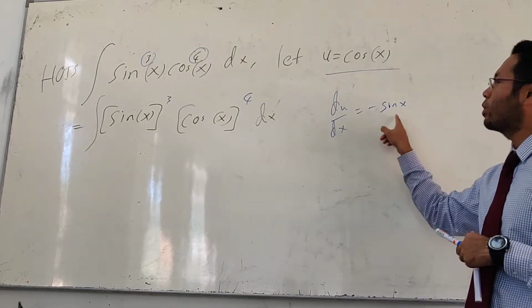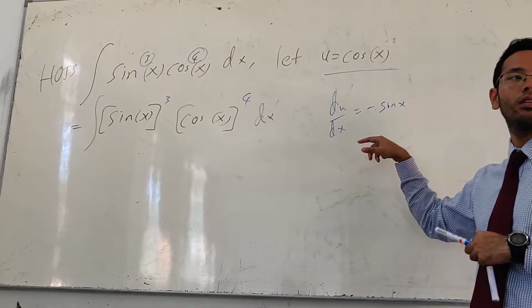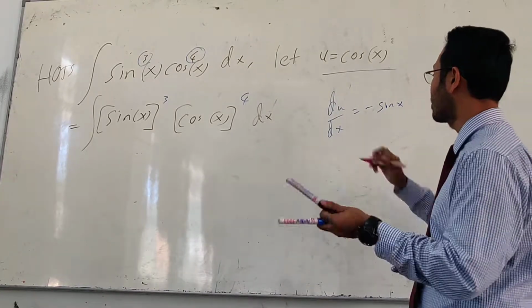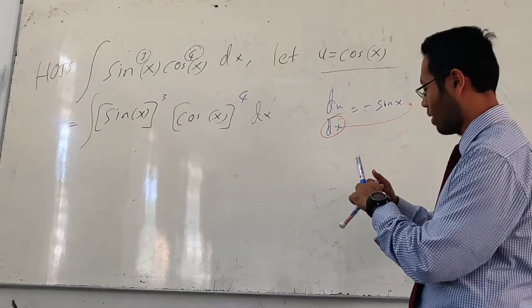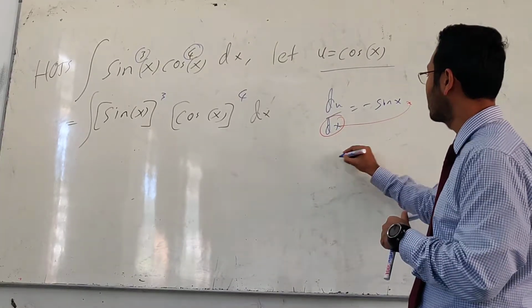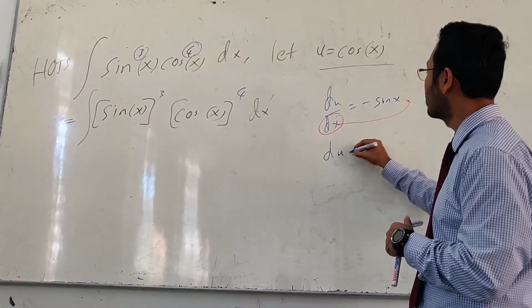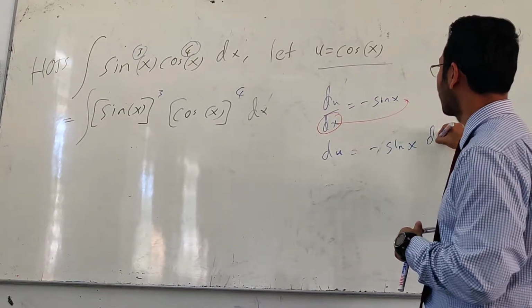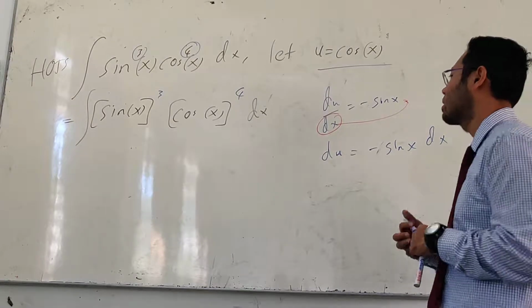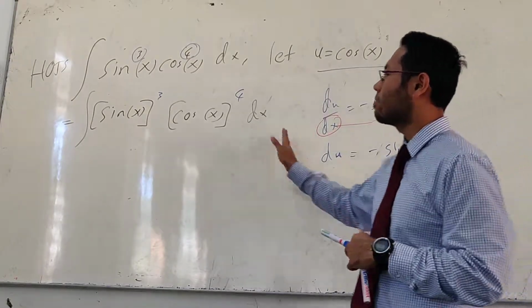So what should we do from here? This dx we bring to the right side, and we get du equals negative sin x dx. But is there any negative?